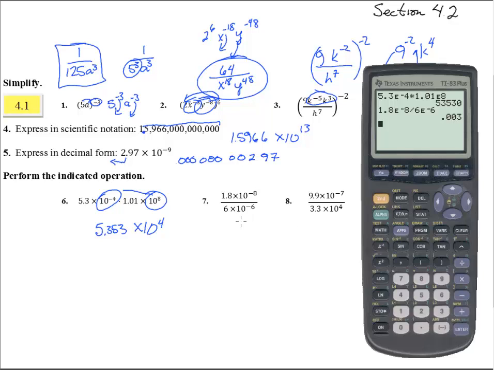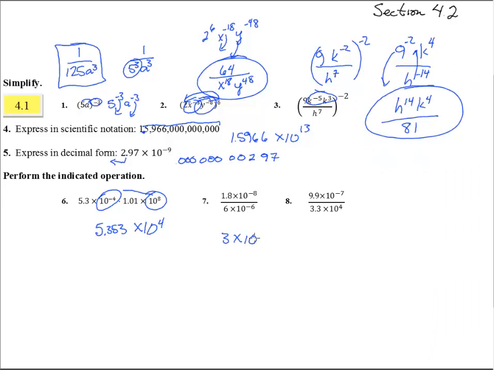So that's going to move it 2 places over, 3 places over. 3 times 10 to the negative 3. And we can see what happened here. Our guess would have been negative 8 minus negative 6, so times 10 to the negative 2. 1.8 divided by 6, that's going to be 0.3. So we had to move this way, which goes to the right, so the exponent goes down 1. And that's what made it official scientific notation like that.